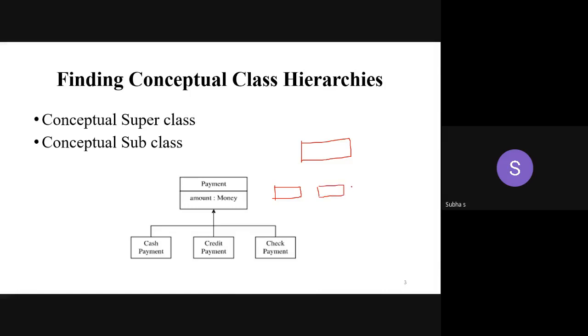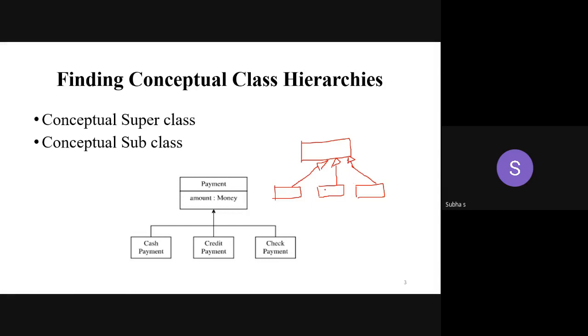Like this, you can apply this conceptual hierarchy for any class, wherever possible. So you can relate this like this also, separate line with arrow mark. Okay, so adjust with my diagram. So this is also another way.